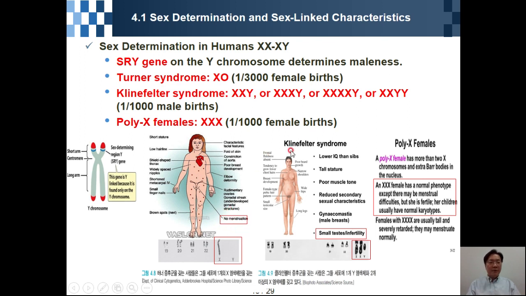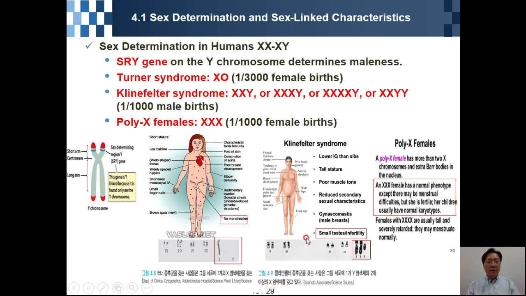How about Klinefelter syndrome? In Klinefelter syndrome, the karyotype is XXY, XXXY, or XXYY. They have the Y, so their phenotype is male.